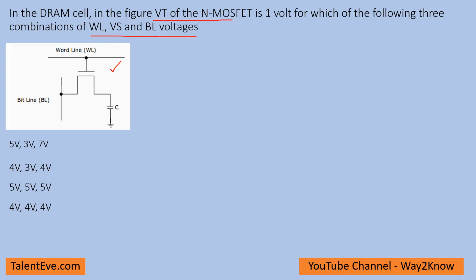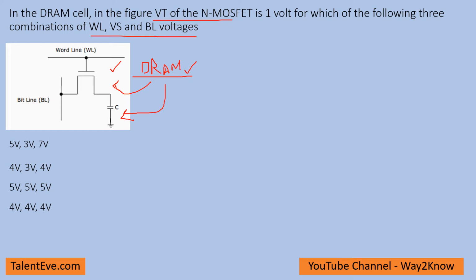So just to give a brief introduction of this dynamic random access memory, dynamic random access memory uses a capacitor and a MOSFET, basically an N channel MOSFET, to implement the memory. So now this is basically a RAM, where the capacitor charge and discharge happens.